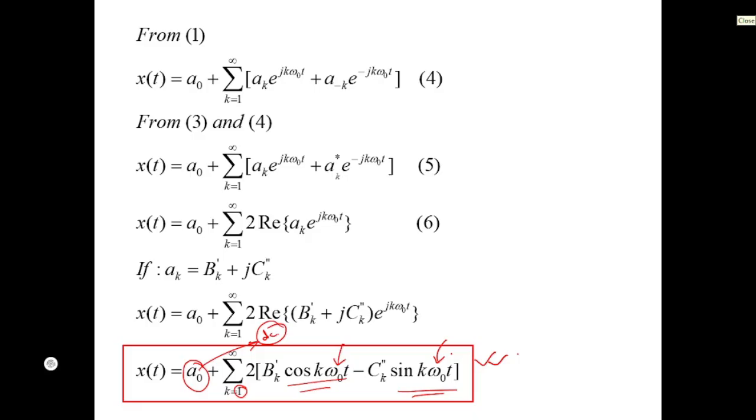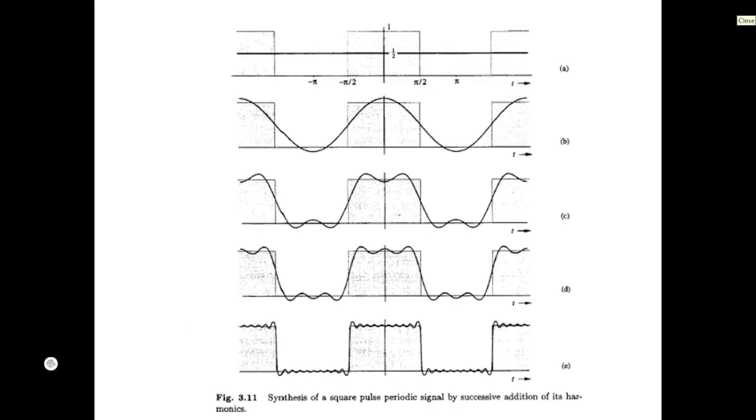Okay, so now can you correlate with the definition? The correlation is that for any signal x(t), the assumption is that x(t) is periodic in nature. Now let us take the example of this pulse signal or the square wave signal, whatever you say.